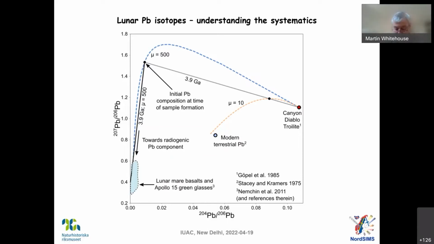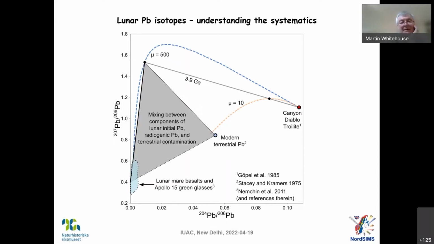Now, when people looked at lunar mare basalts and various volcanic glasses from Apollo 15, this is conventional work, bulk work. They just defined this area down here, and you can see it's pulling away from the axis here. So it's not a very nice set of data. It's very hard to define a good age here.